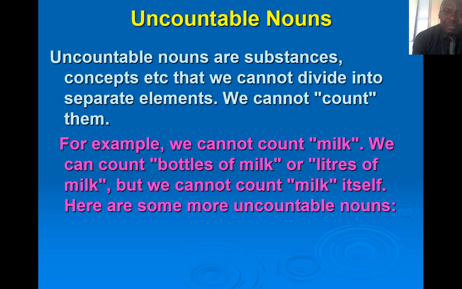You call them partitives, or container, or quantity divider. These are words that we add to uncountable nouns, and once you add them, they make the uncountable nouns countable.